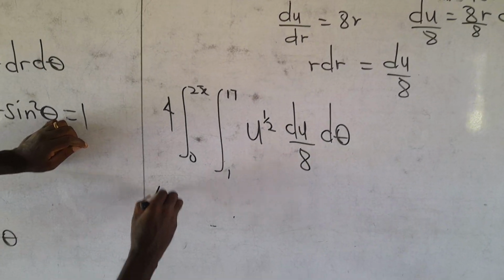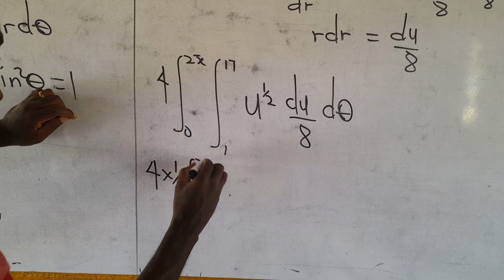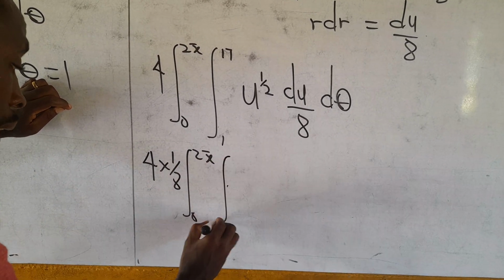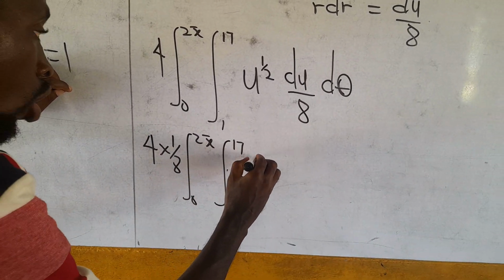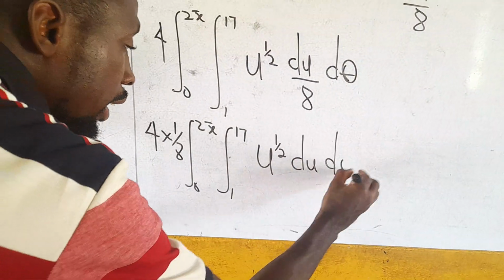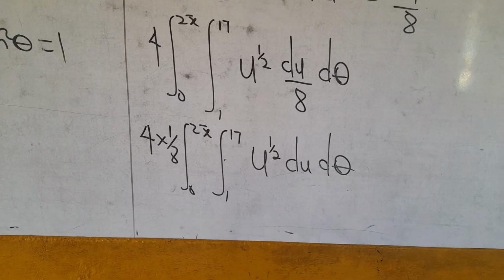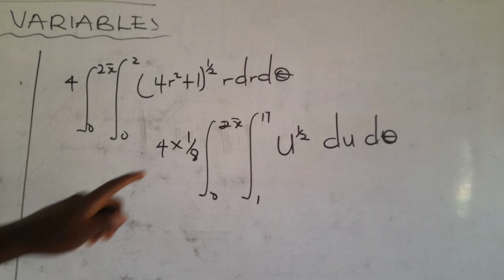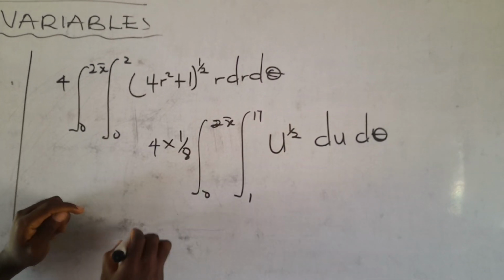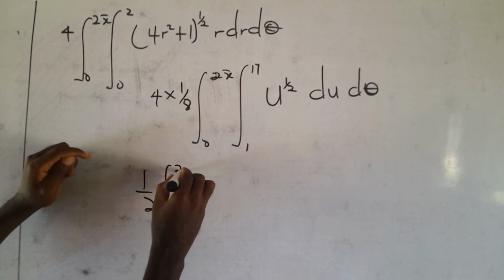So I'll get 4 times 1 over 8, integral from 0 to 2 pi, and integral from 1 to 17 of u exponent half du d theta. So our 4 times 1 over 8 will be 1 over 2, integral from 0 to 2 pi.